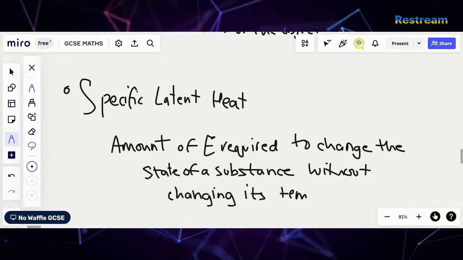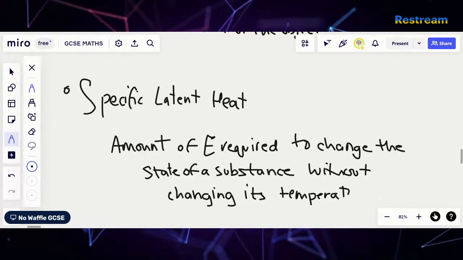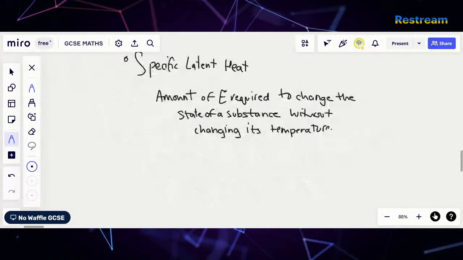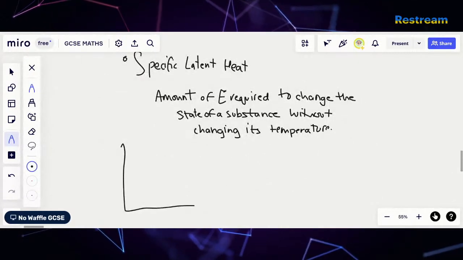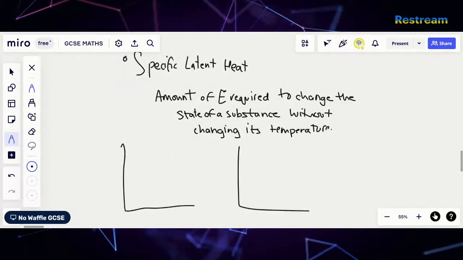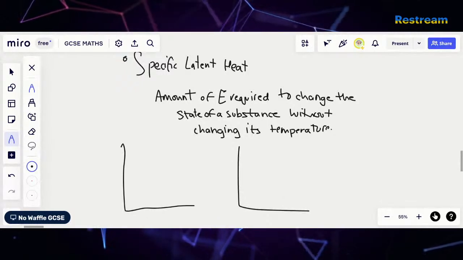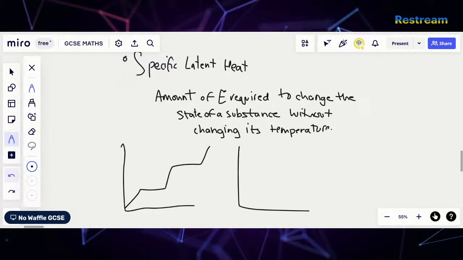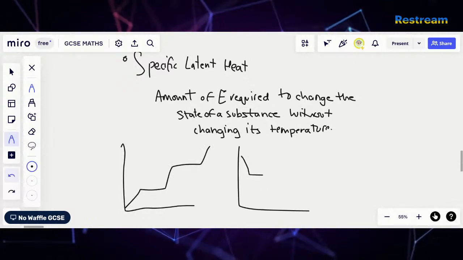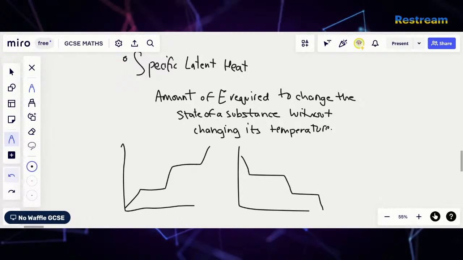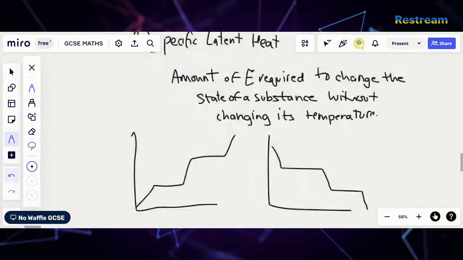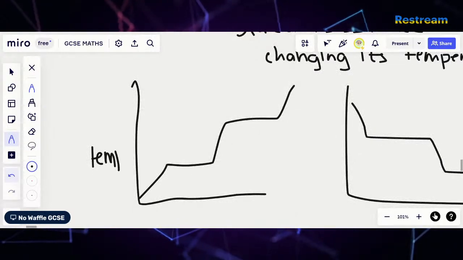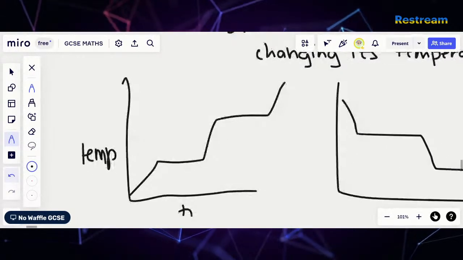Now, you may be confused as to how something can change its state without having changed its temperature. Well, let's look at the heating and cooling graph that you should hopefully be familiar with. A heating graph tends to look like this, and a cooling graph looks the opposite. In this heating graph, on the y-axis we have the temperature, and on the x-axis we have the time.